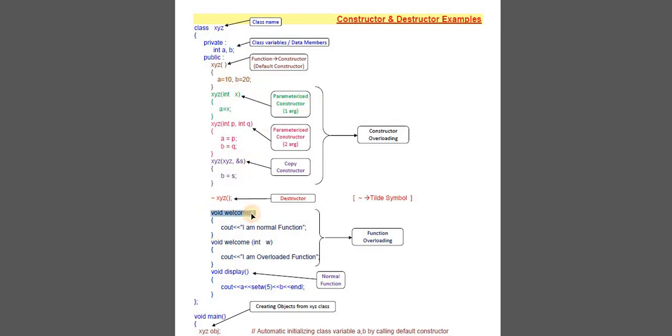A normal function means any word with parenthesis, opening, closing. A constructor is also a function, but its name is the same as the class name, so it becomes a constructor, like this. So here we will stop.